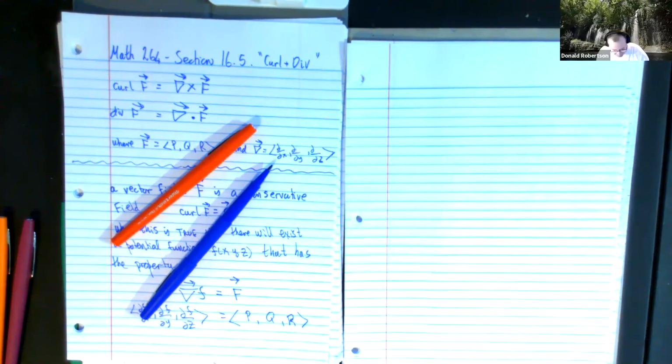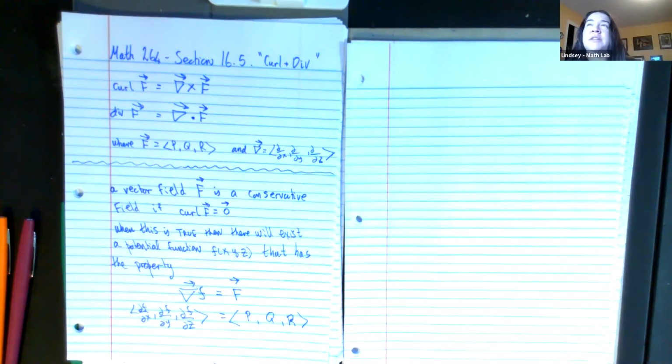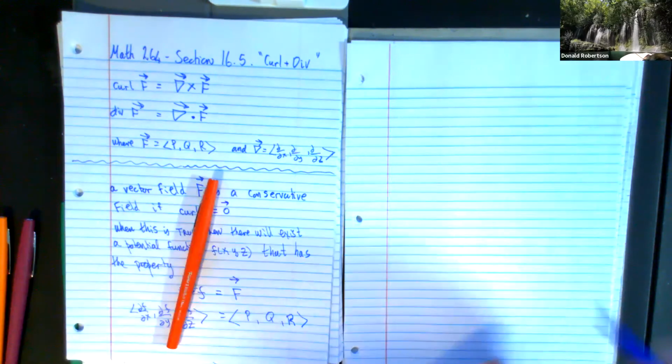Can I ask another question before we do? You can, yes. Finding curl with a two-dimensional field where it's just like I and J and there's no K. How can we do that? Okay, let's show you how that would work.